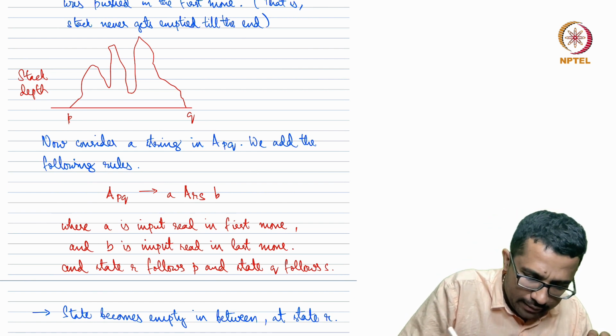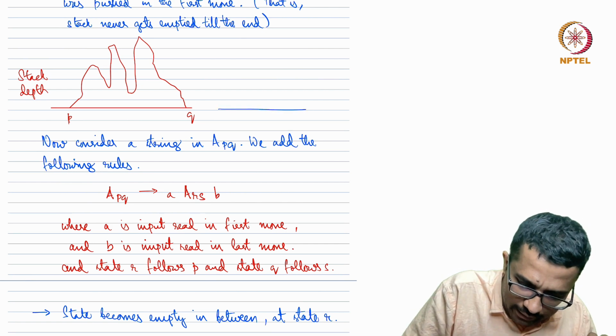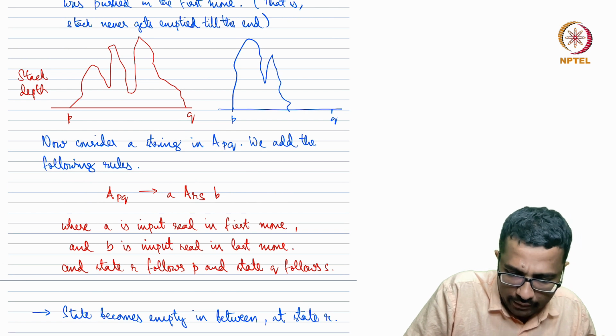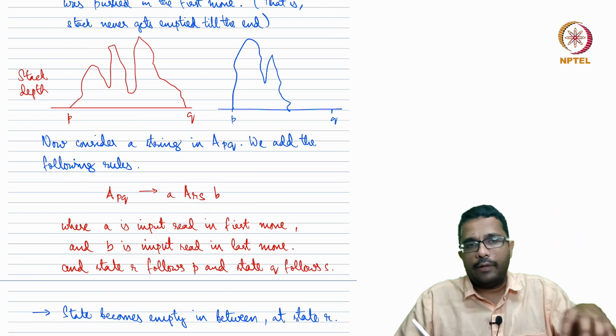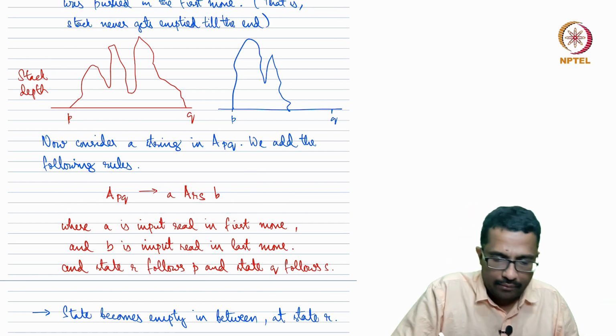Another possibility is possibility 2. The first symbol that we put, let's say K or L, at some point you pop it. So if you pop the first symbol that you put, then basically at some point the stack becomes empty.